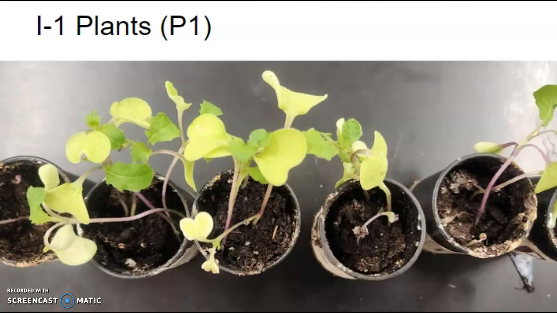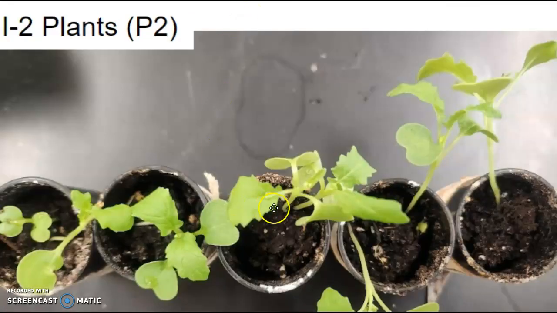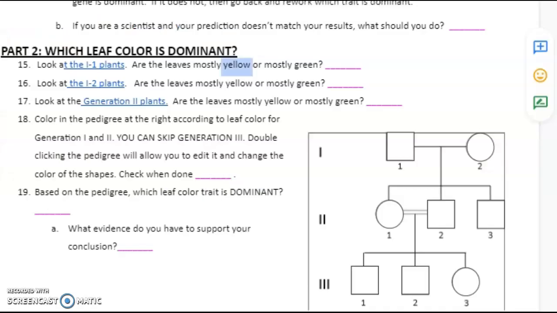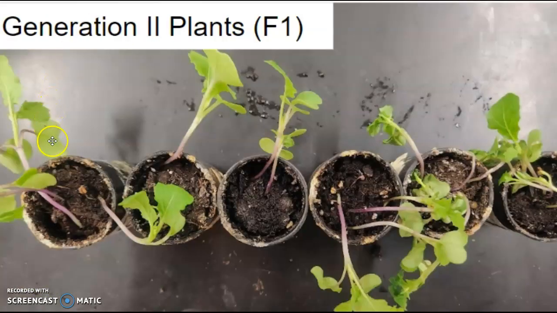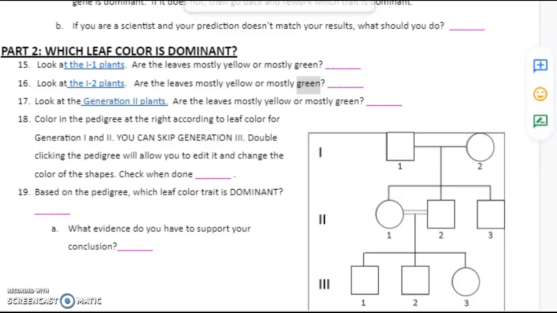Now we're going to look at the I2 plants. Let me flip my slide. These guys have all green leaves. So now our parent plants have yellow leaves and green leaves. Now we're going to take a look at generation 2. See any yellow ones? They're all green. So for generation 2, they are all green.